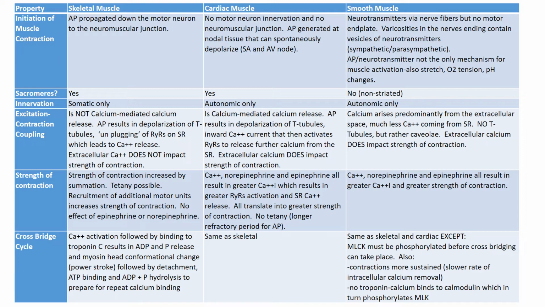Also, stretch, O2 tension, and pH changes can precipitate contraction. And if you think about it, smooth muscle has a very different role within the body compared to skeletal and cardiac muscle. And as a consequence, its activation is also quite different.